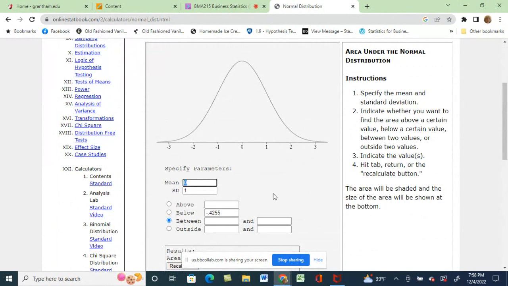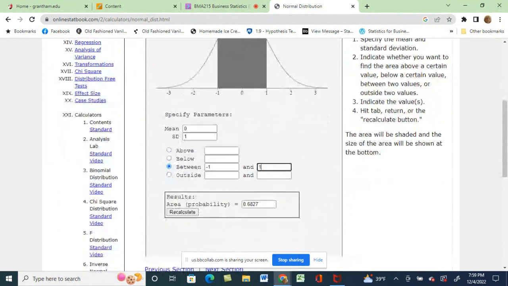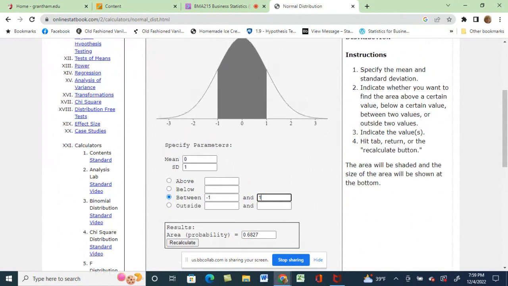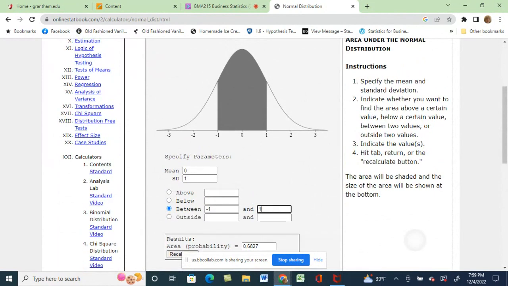Okay, so let's look at this. Our standard normal curve, the mean 0, standard deviation's 1. If we want between -1, the z-score, and +1, the area or the probability of that should be, look, 68%. 0.68 is 68% of our data.